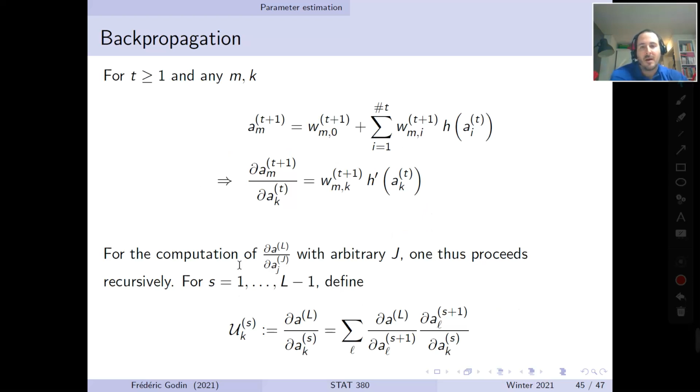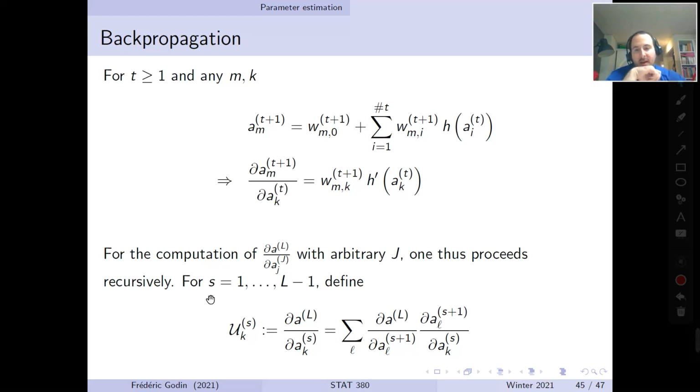Here, for the computation of the derivative of the last activation with respect to any activation, so the j-th activation of any layer j, we will proceed recursively through an algorithm we will outline right now.